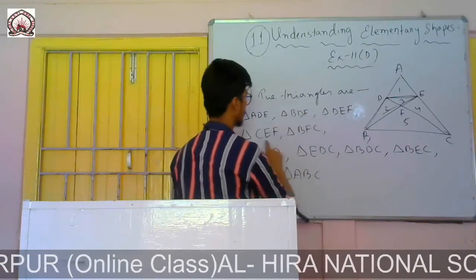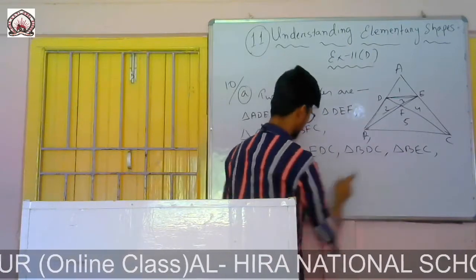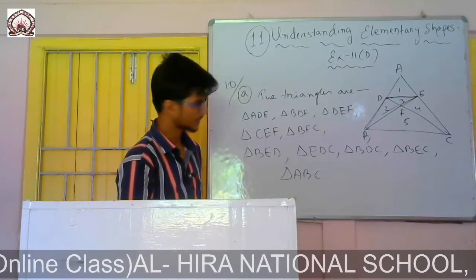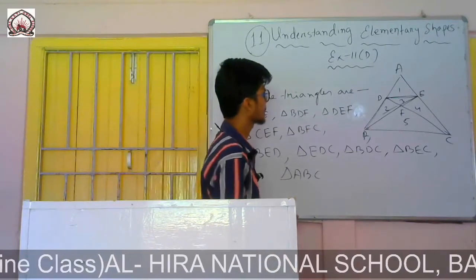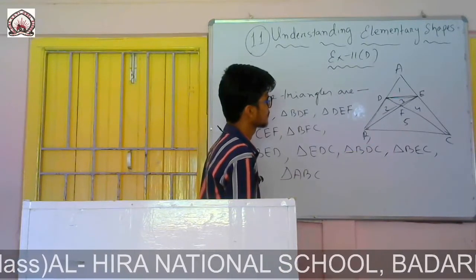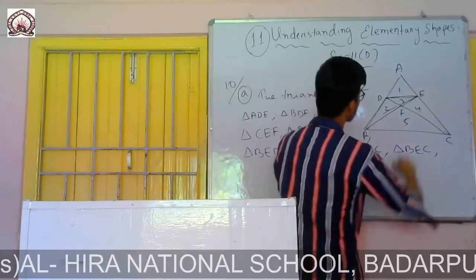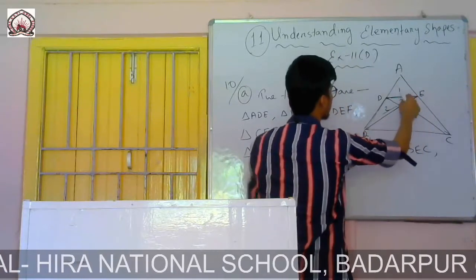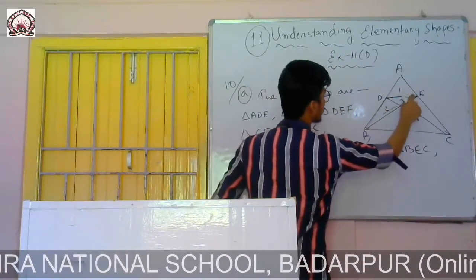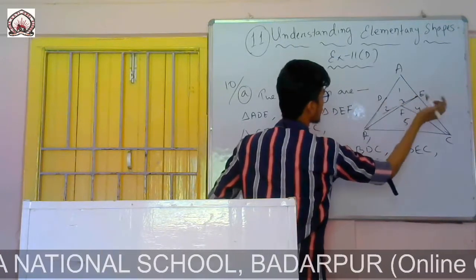So now you count how many triangles form. 1, 2, 3, 4, 5, 6, 7, 8, 9, 10. Sorry, there are two triangles left. Before writing this one, you write this also, this one will form one triangle if I remove these two sides.